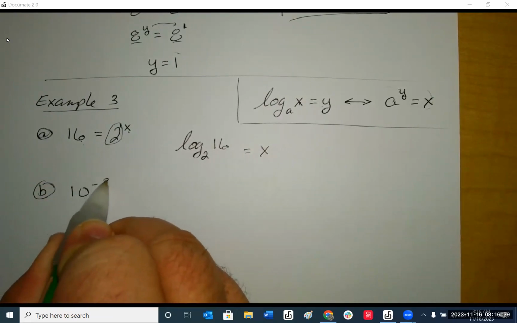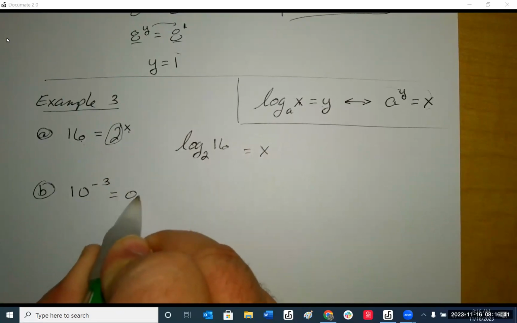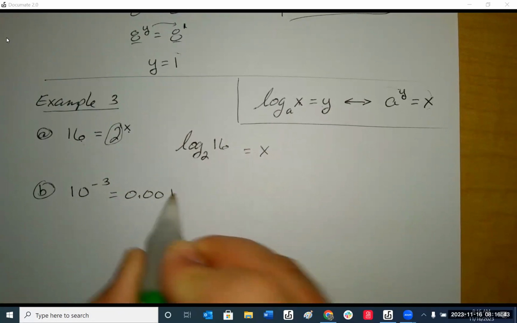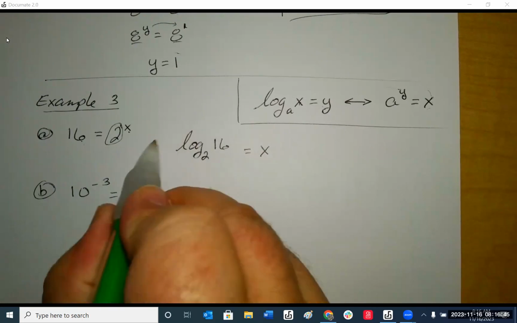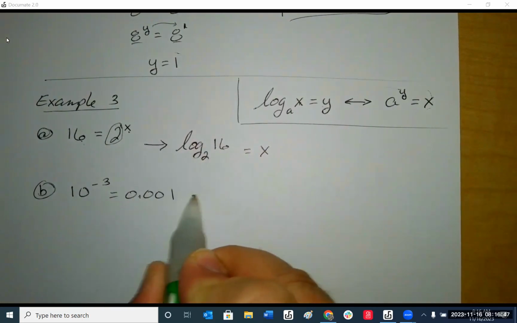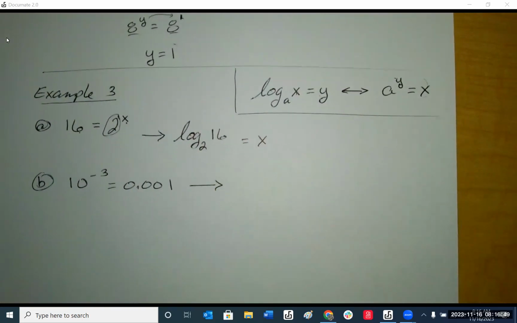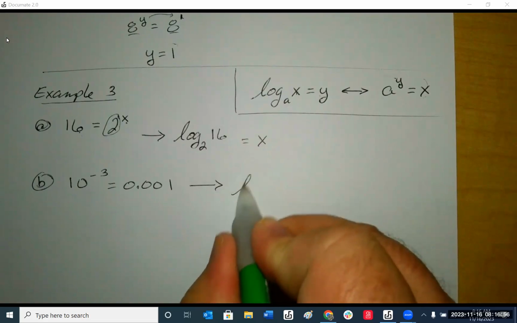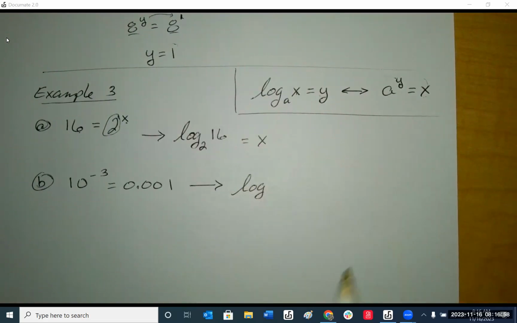Ten to the negative 3 equals 0.001. Convert that to a logarithm. What's the base? 10.